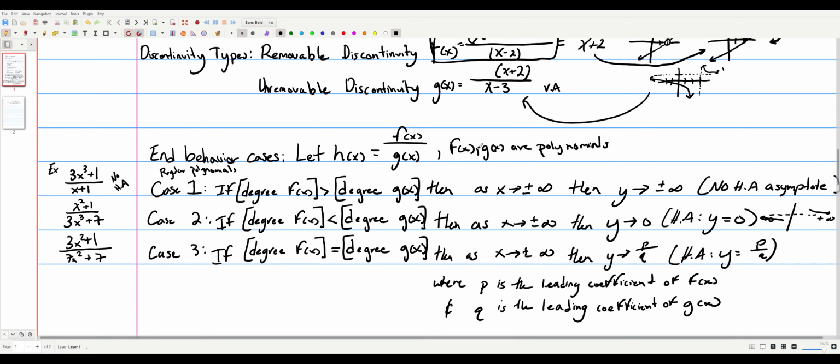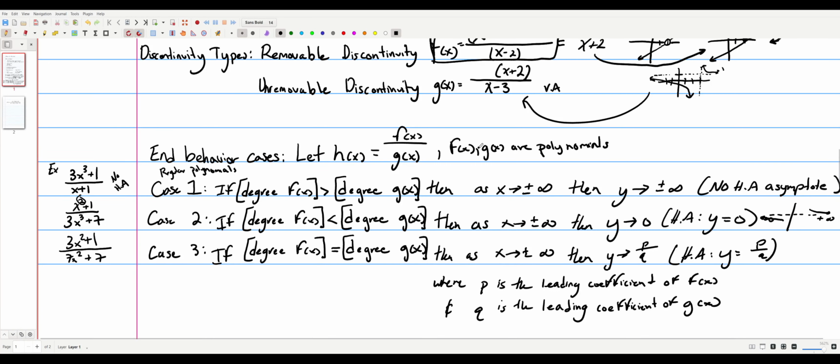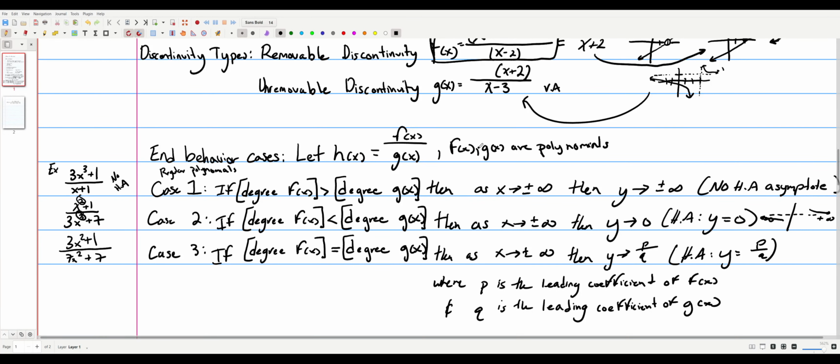In the second example, you'll see that the degree of the polynomial on top is less than the degree of the polynomial on bottom. And if that's the case, then your horizontal asymptote is going to be y equals 0, right? It's going to hug the x-axis. Let me go ahead and rewrite that.